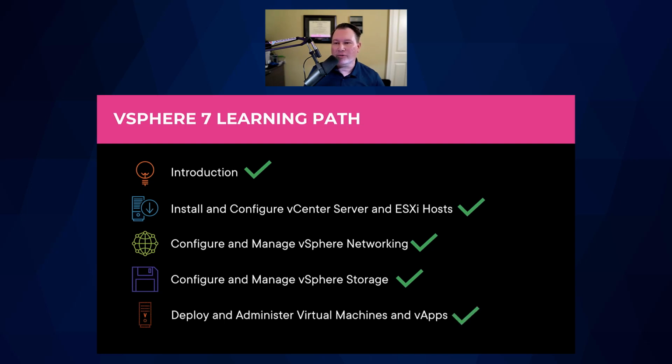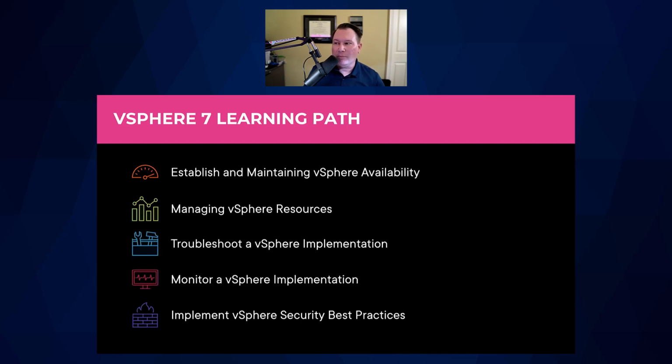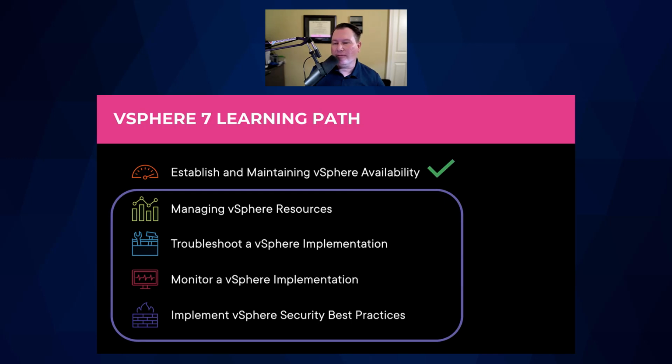So we recently published all these. Last week, we published vSphere availability. And in the next few months, the plan is to cover all of these courses, publish all of these in the Pluralsight Learning Library, vSphere resources, troubleshooting, monitoring, security, all of those topics.